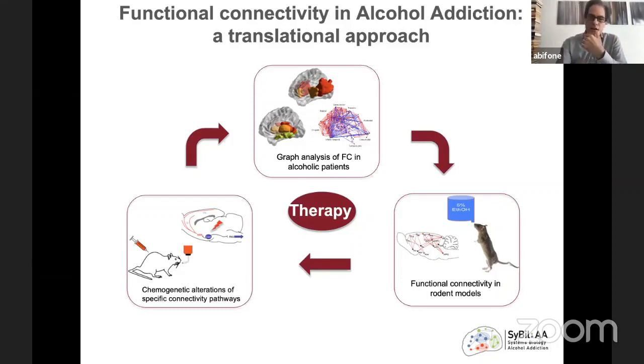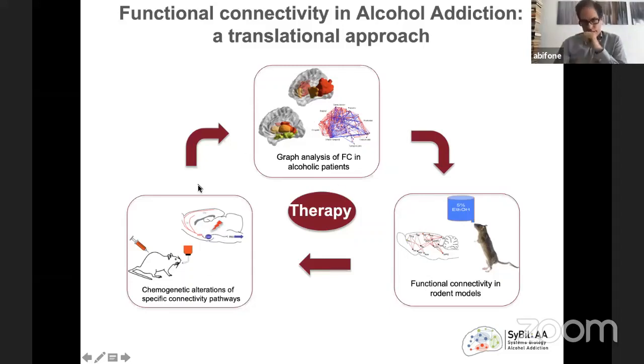We can tell that there are differences in brain connectivity, which are perhaps associated with some of the symptoms, but we cannot tell whether these are predisposing factors or whether they are the effects of alcohol, for example. And we cannot definitely tell whether tweaking these abnormal connectivity can actually have a therapeutic effect.